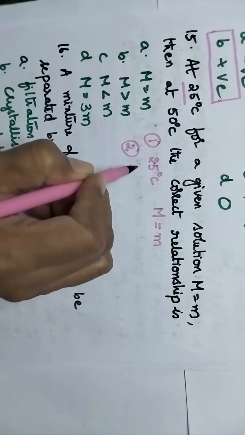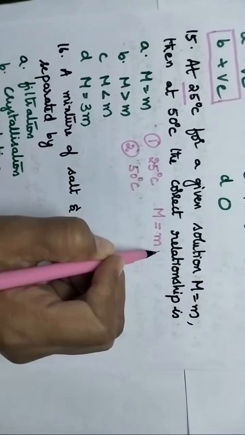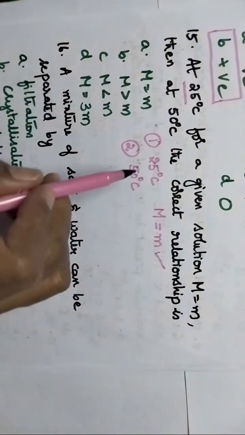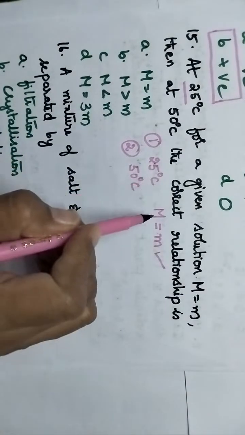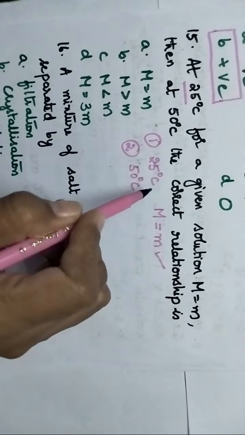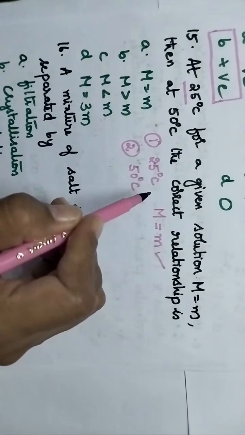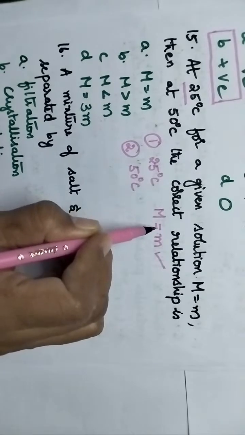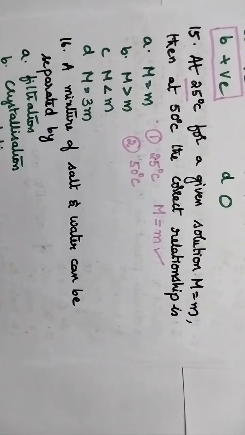Then at 50 degrees centigrade, what is the relationship between the molarity and molality? Is it clear? So at 25 degrees centigrade, molarity is equal to molality, and here the temperature has been increased. Then you have to identify what is the relation between molarity and molality. You have to think how molarity and molality will be affected by the temperature. Then you will get the right answer.